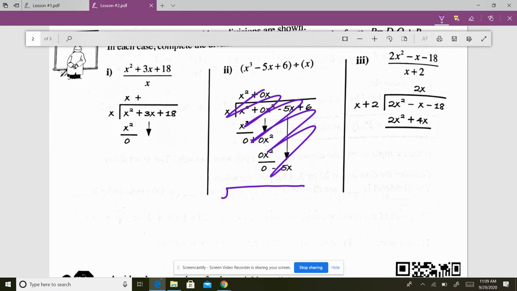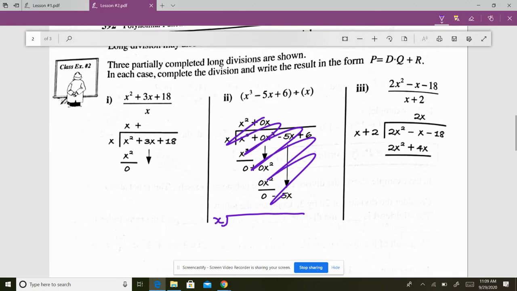Whatever. Okay, the x goes on the outside because that's your divisor, my mistake. Q, that is your quotient, sits on the outside. What you are dividing goes on the inside. However, look at the exponents here. X cubed, then 5x. You need the exponents to go down by ones.